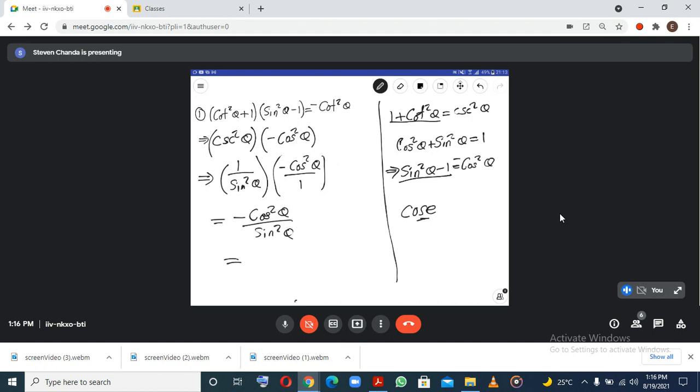it's going to be, again, we did this identity yesterday. We said sine theta over cos theta is tan theta, but cos theta over sine theta is cot theta.